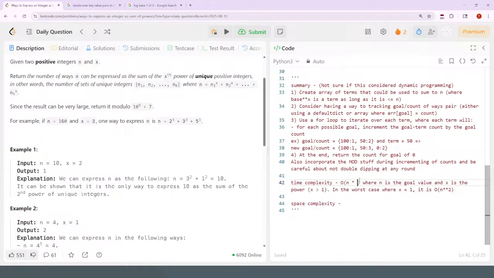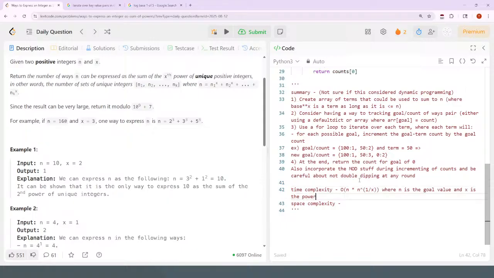Equivalently, it is O of n to the 1 plus 1 over x, which is n to the (x plus 1) over x.